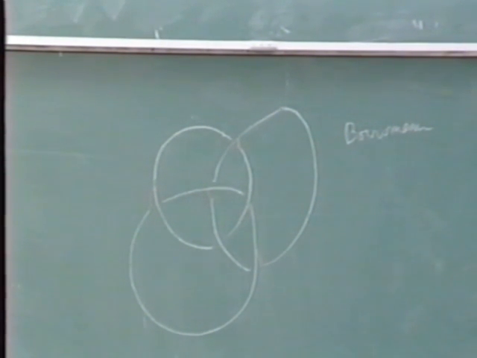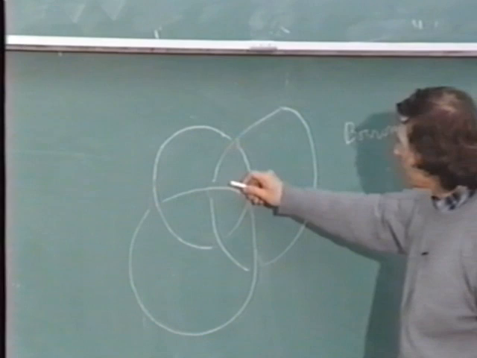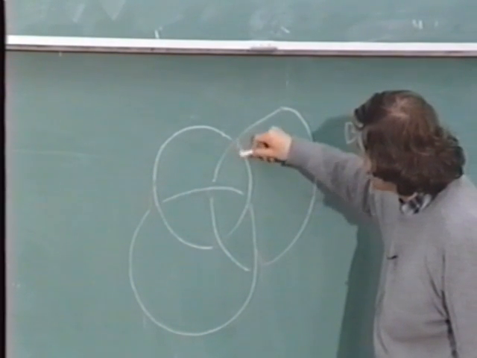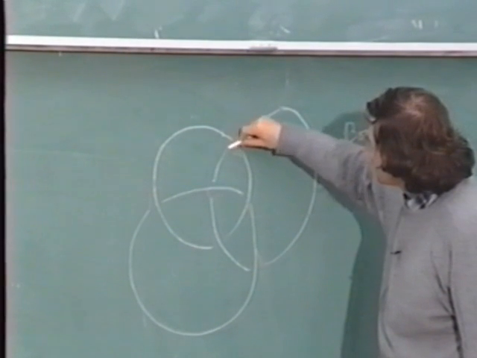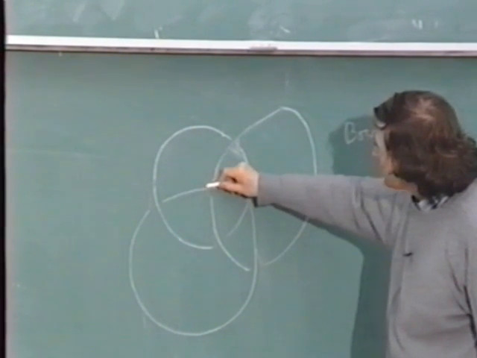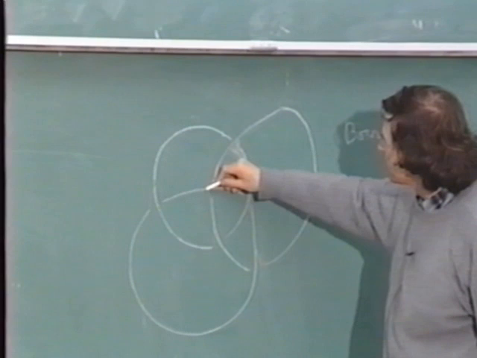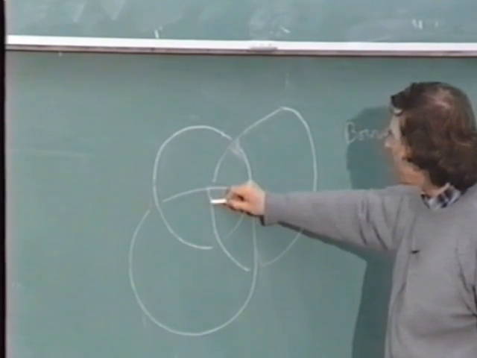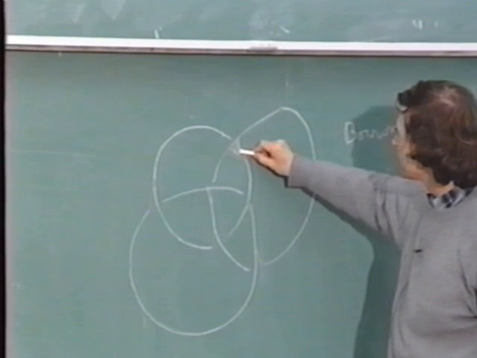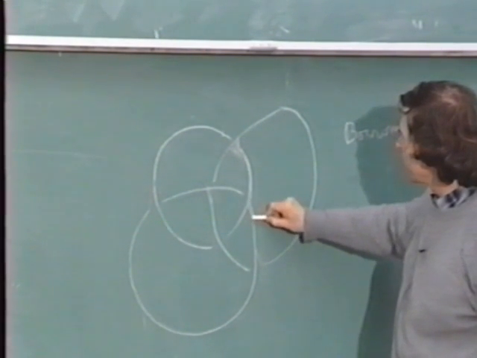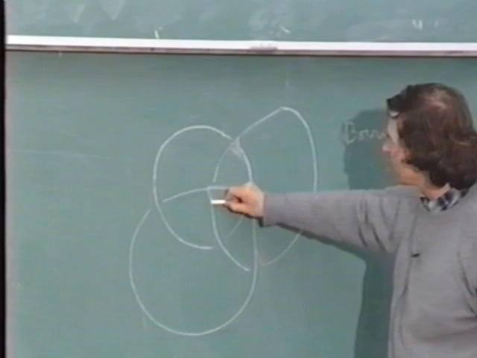Now I want you to imagine taking little pieces of cloth, or maybe plastic is better. Anyway, you see there's a hexagon that you can trace out by going along one of these added red edges, along a piece of the knot, down on this red edge, along a piece of the knot, down the red edge, and along another piece of the knot.